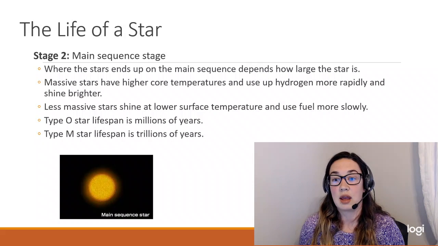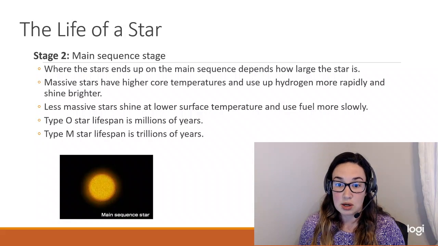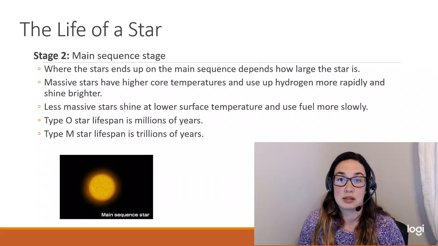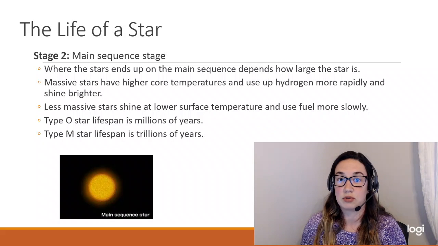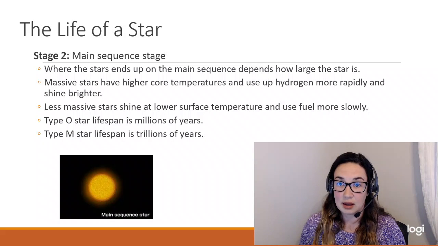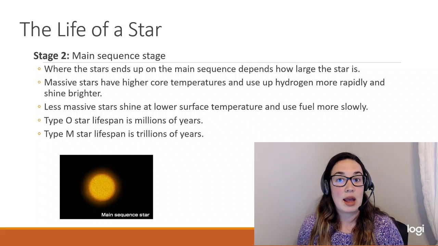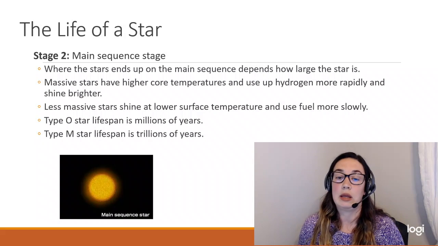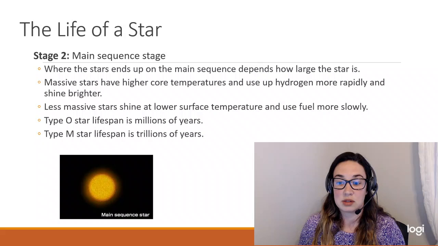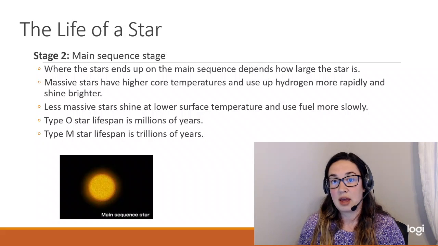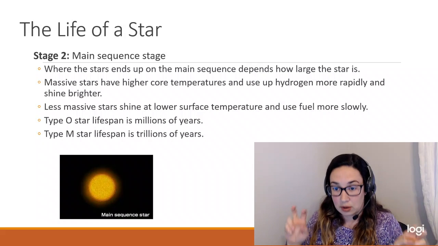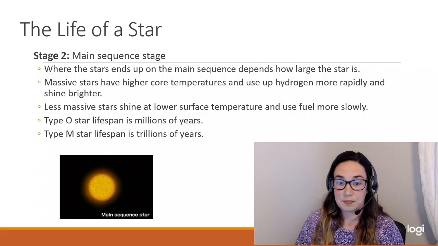Because it uses fuel more slowly, it can last a lot longer, and that temperature is a lot cooler, and the star is less massive. So that lifespan can be upwards of trillions of years, depending on the size and how quickly the fuel is being used. So depending on where it falls in that classification system depends on how long that star will, quote unquote, survive in the universe.